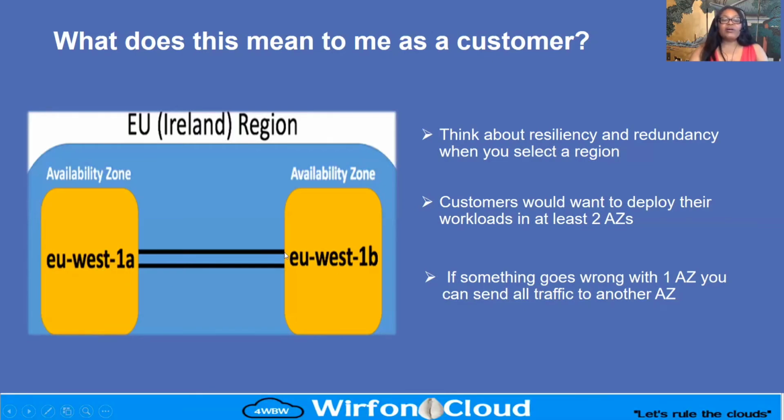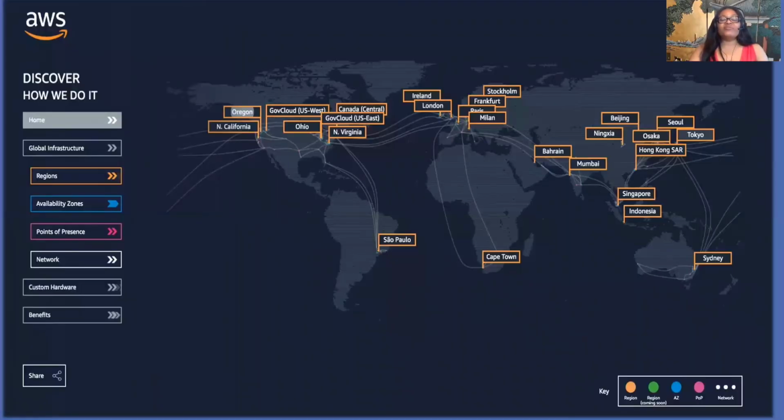Because they are connected by these high-speed private links, it's going to be easy to direct your traffic to AZ1B. In other words, when you lose AZ1A, you can fail over to AZ1B. So that's how a customer can take advantage of multiple availability zones in AWS Cloud Computing.